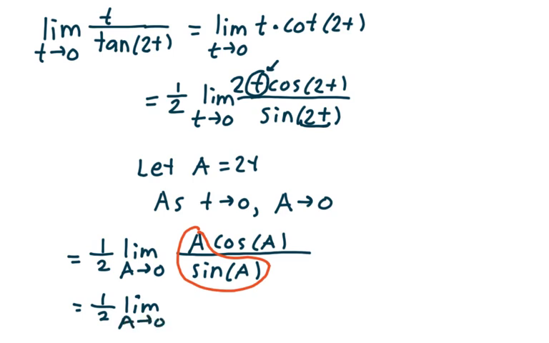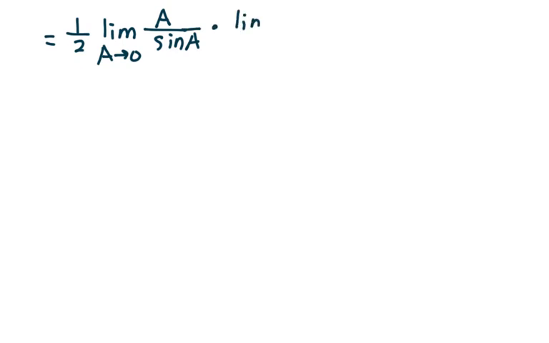Well, let's do it this way. Let's go on the next page. I'm going to break this up a bit, and I get 1/2 the limit as a goes to 0 of a over sine a times the limit as a goes to 0 of cosine a. So this is 1/2 times 1 times 1, which is 1/2.